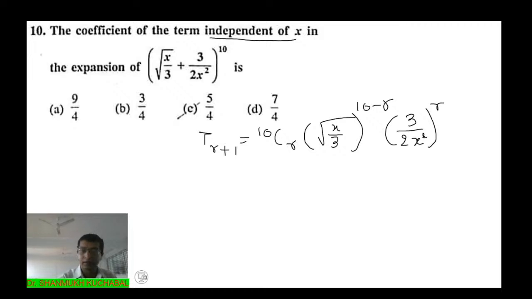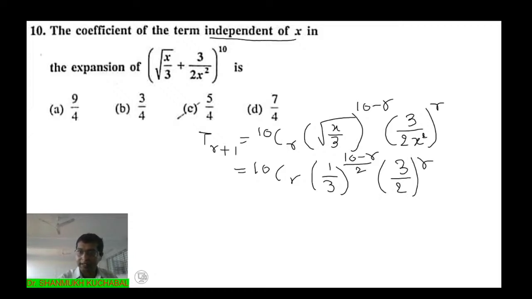Then further we need to simplify this. So simplification, we get 10Cr, 1 by 3 raised to (10 minus r) divided by 2, then 3 by 2 raised to r. x I have separated, so we get x raised to (5 minus r by 2 minus 2r).